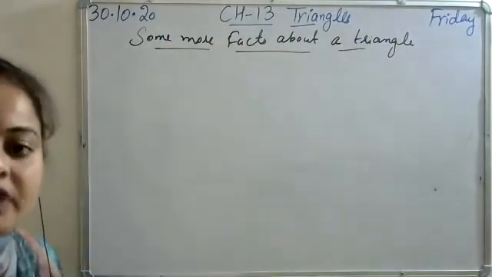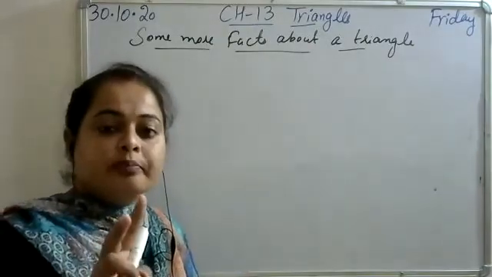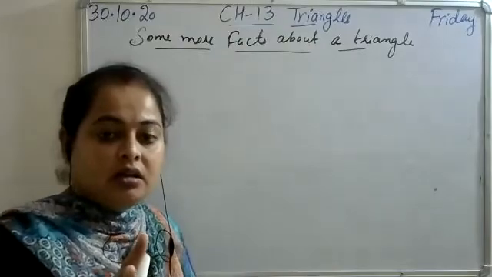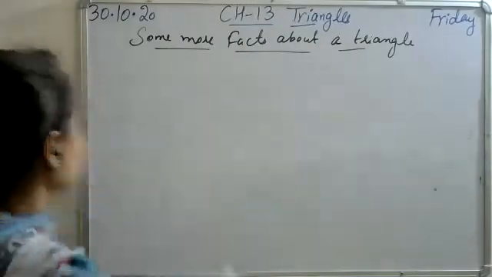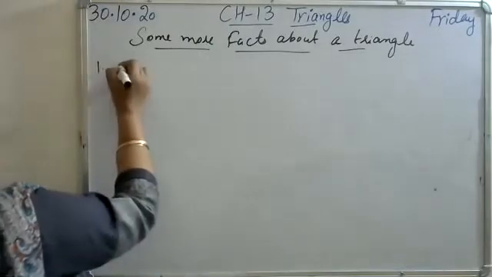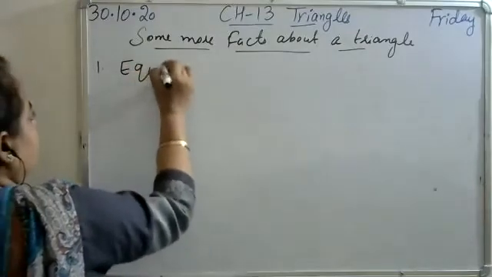One of the facts we have already done just now: as two angles are equal, it means two sides are also equal. Next is equilateral.